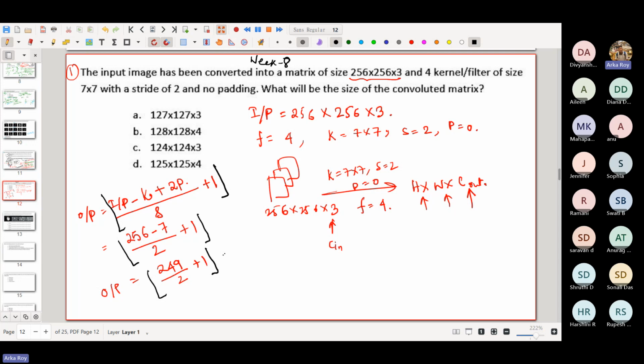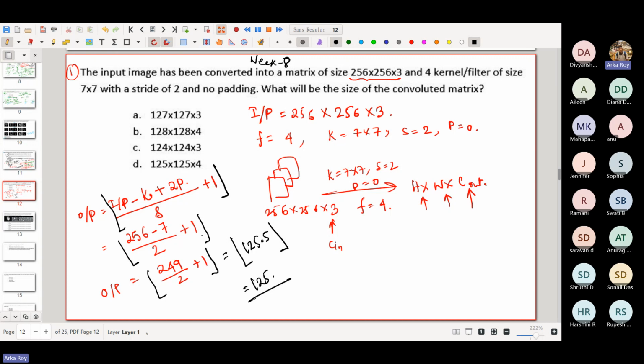So over here it is 125.5, and this will be floor only, so I have to be careful over there. So I need to reduce it down to the immediate integer value, so it would be 125 only.